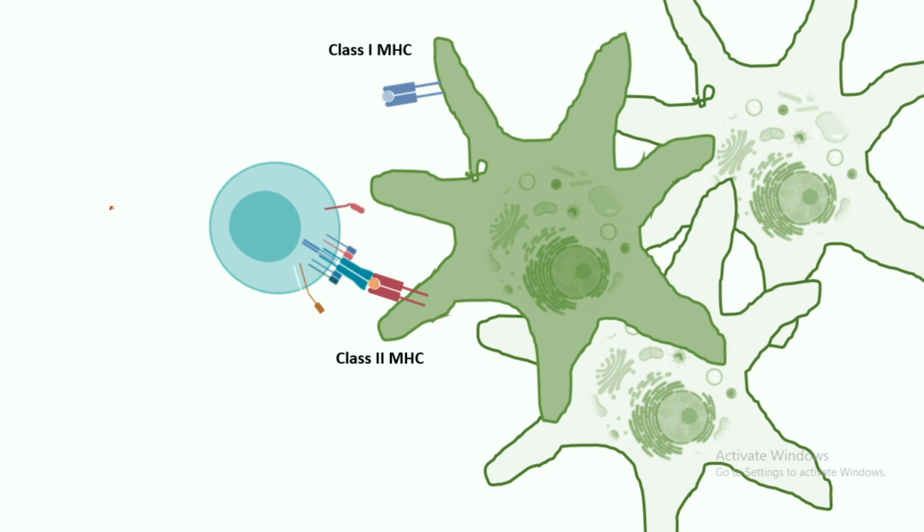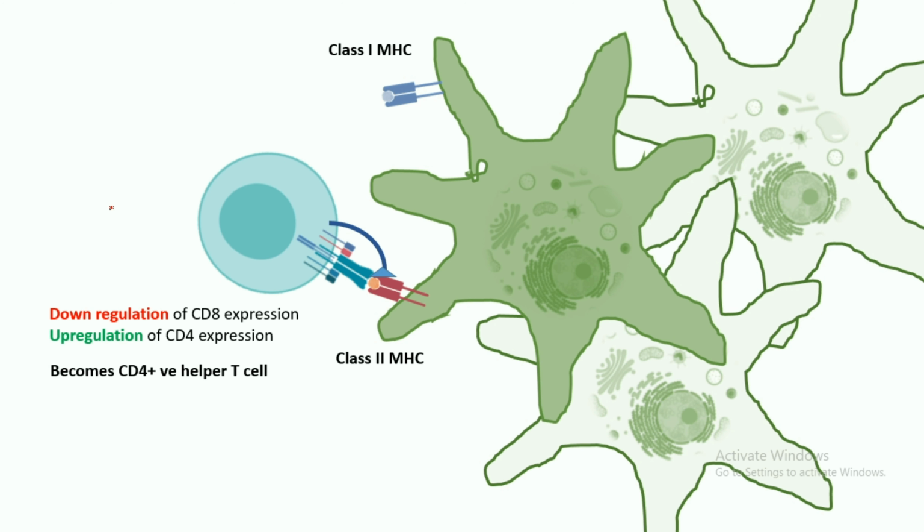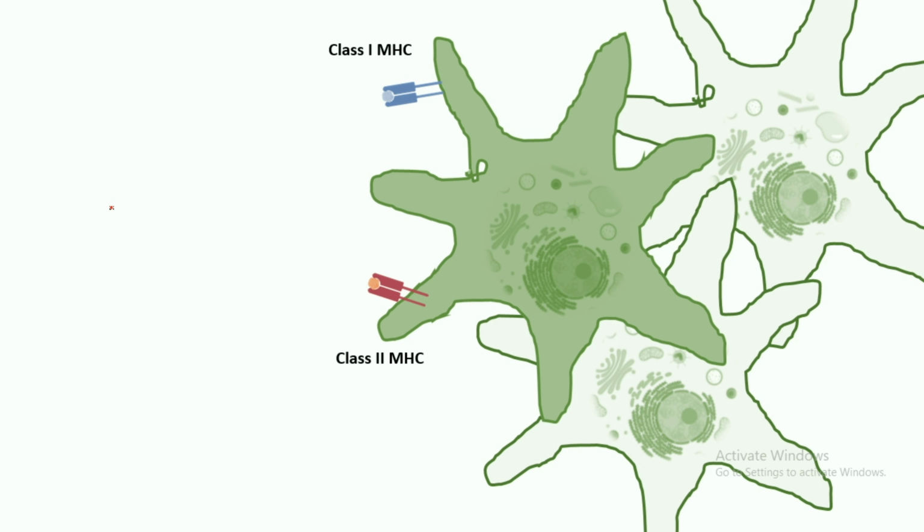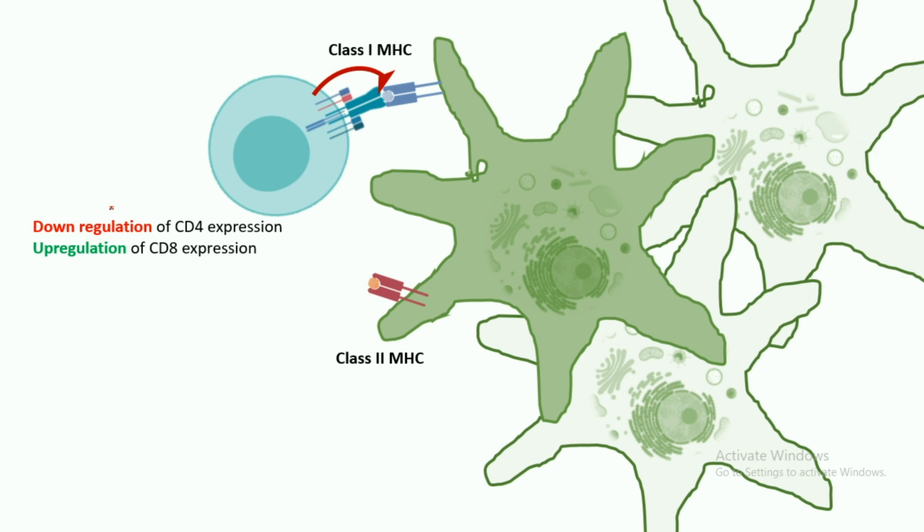Inside the thymus, the double positive T cells, which have both CD8 and CD4 co-receptor, might either recognize the antigens present on class 2 MHC, or it might recognize the antigens that are present in class 1 MHC. If it recognizes class 2 MHC, it would be a CD4 helper T cell. If it recognizes class 1 MHC bound antigens, it would be a CD8 positive cytotoxic T cell.